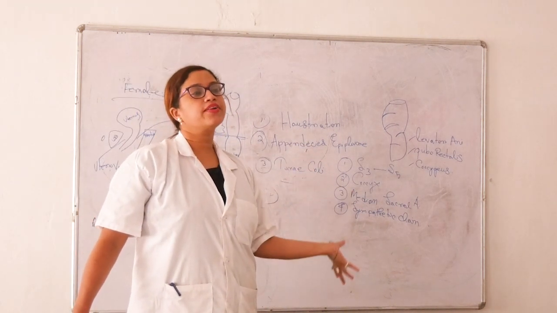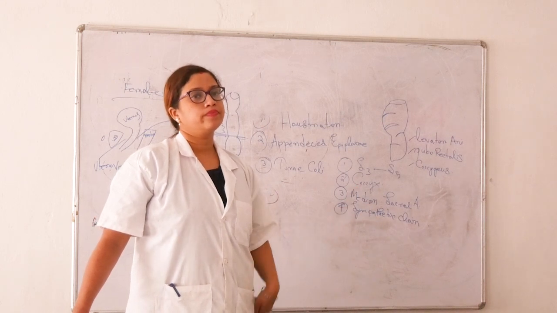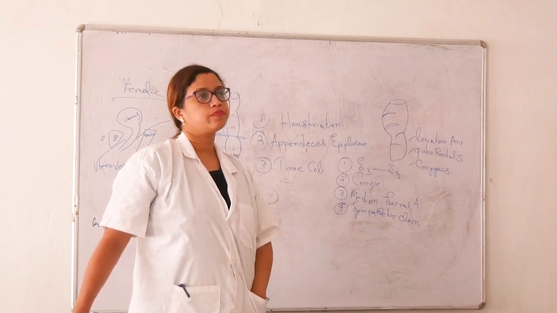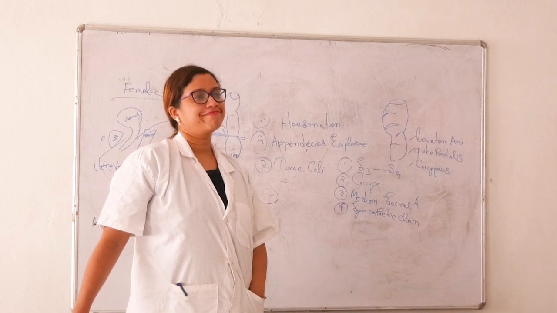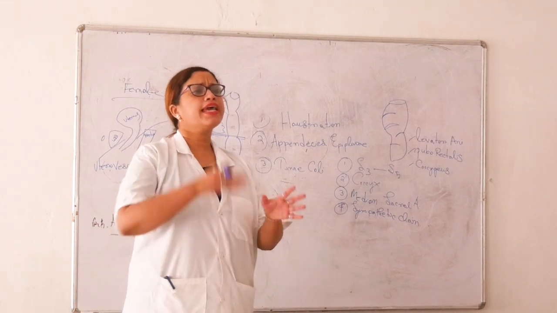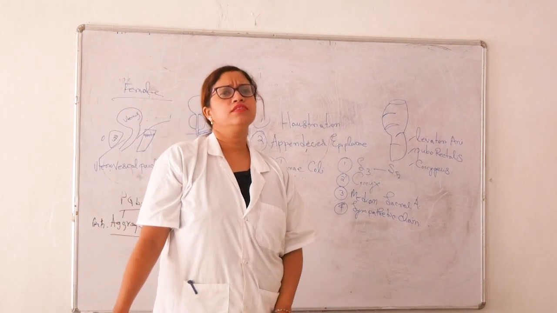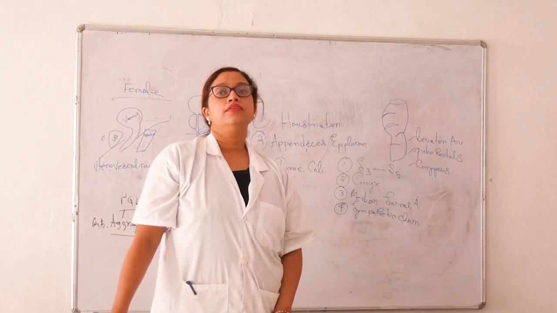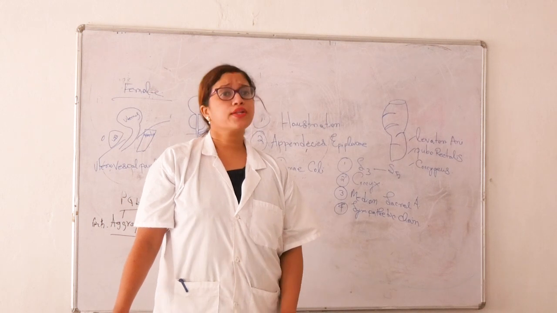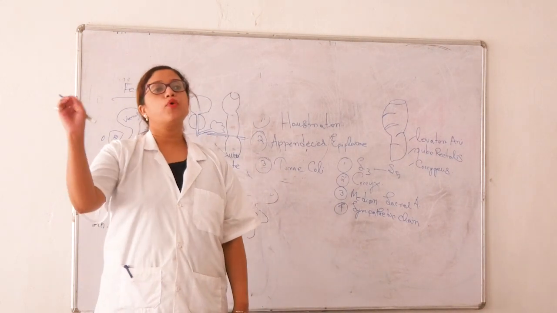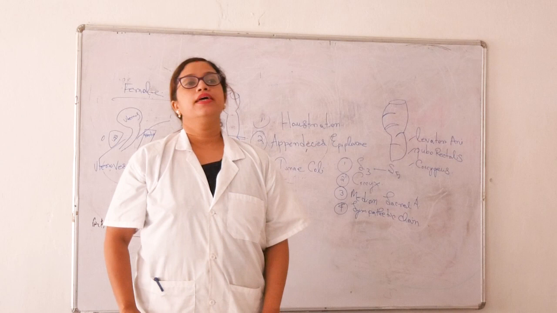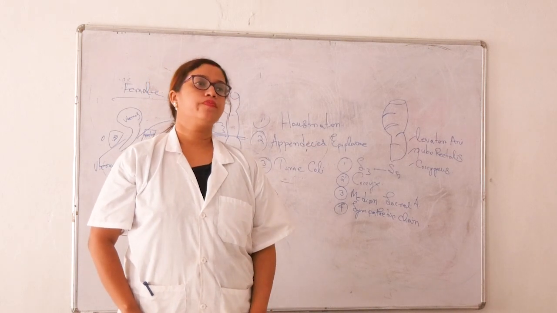So what could its lymphatic drainage be? And above the rectum, which structure is there? Sigmoid colon. So there are sigmoid lymph nodes. Number 1 is sigmoid lymph nodes.